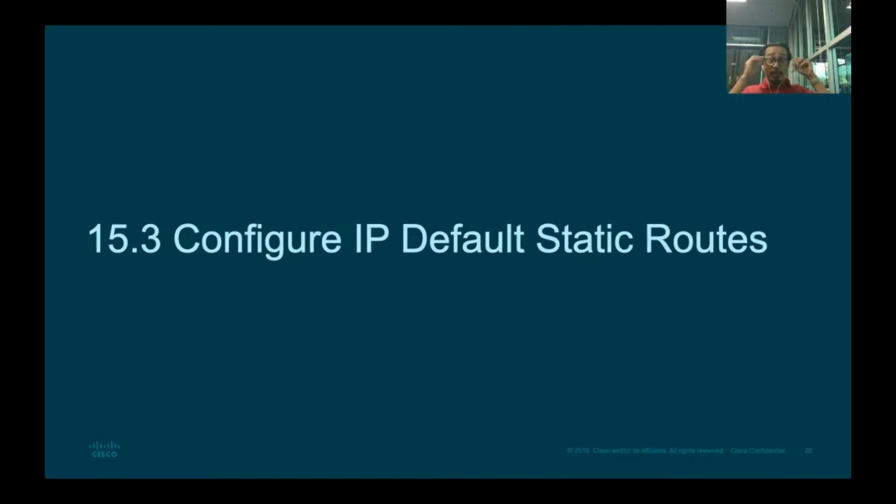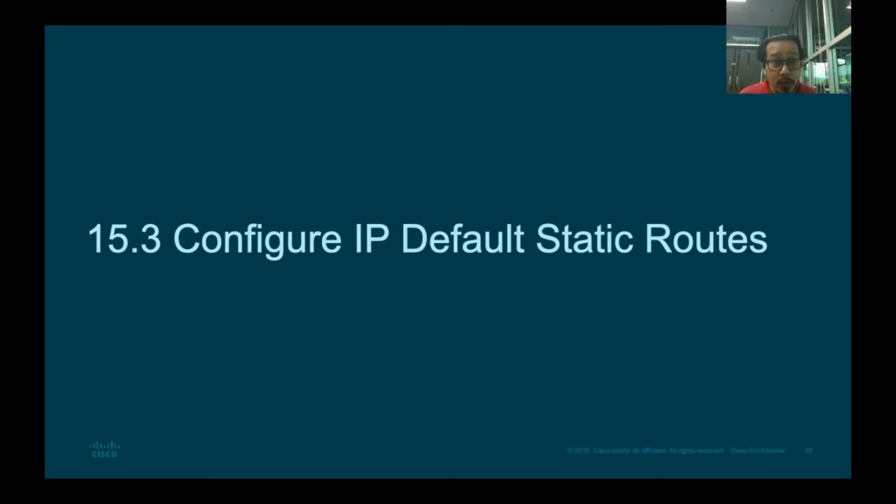Okay, but there is a situation when we cannot route everything. If we route every single network in the world, the list of our routing table will be longer. For a router's CPU to look up an entry, it is going to take a lot of time if our entry is at the end of the list.